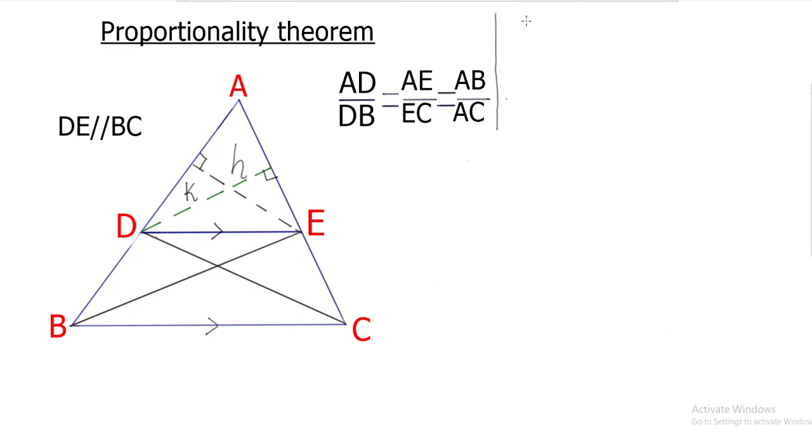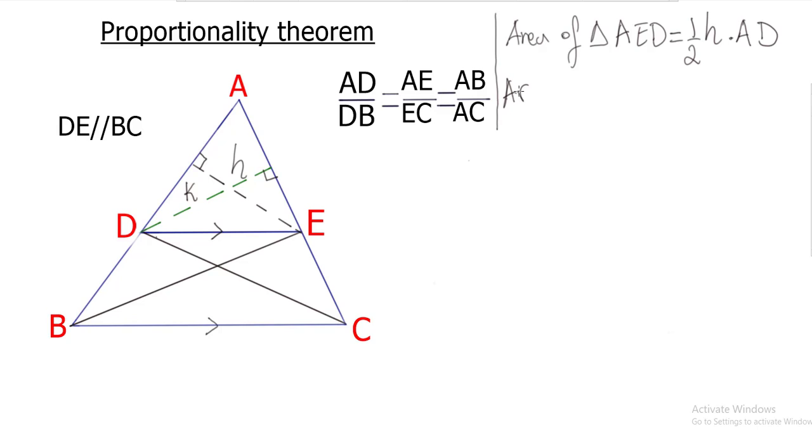Let's start with the area of a triangle with a base AD, so it will be AED. So we'll have 1/2 as the formula of the area. Our height is H, and the base will be multiplied by AD.